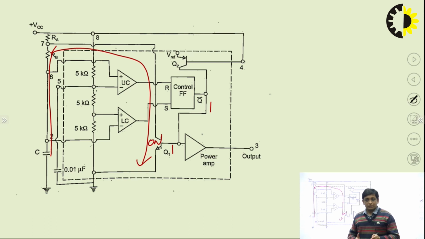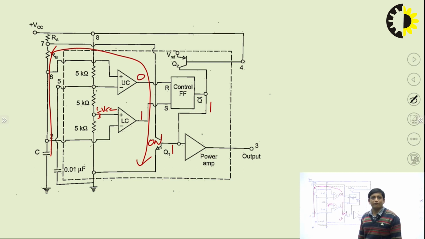Now the capacitor is discharging, which means that the capacitor voltage is decreasing, and when it becomes just lower than 1 by 3 VCC, you can see that the non-inverting terminal voltage of the lower comparator is at 1 by 3 VCC. When the capacitor voltage is reduced to below 1 by 3 VCC, the output of the lower comparator is 1, and obviously at that particular moment the output of the upper comparator will be 0.